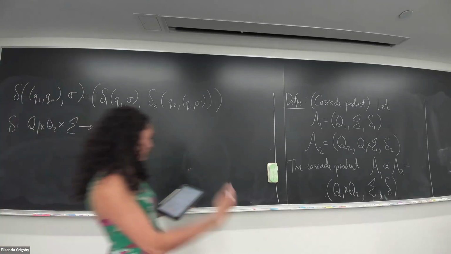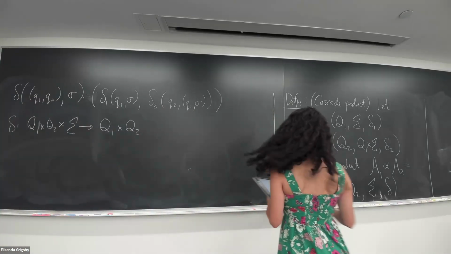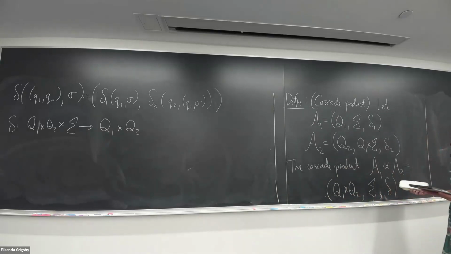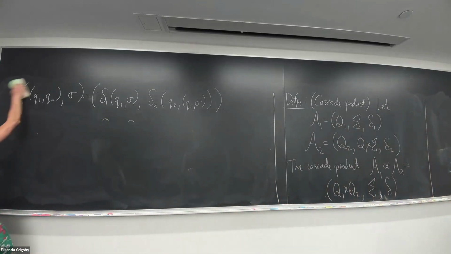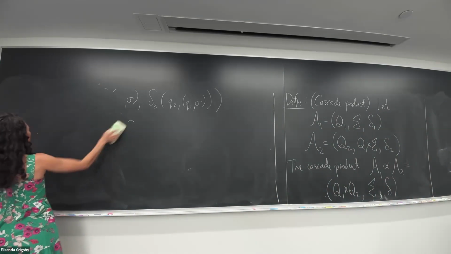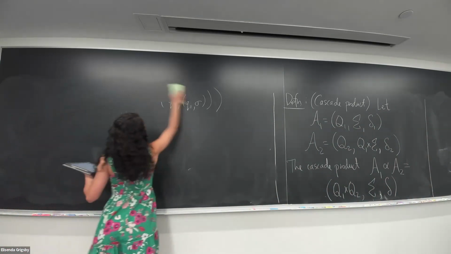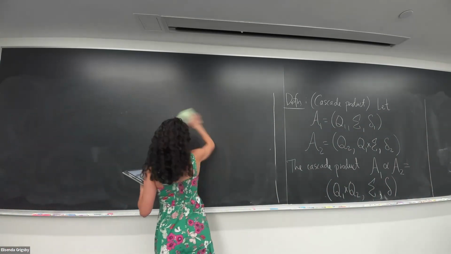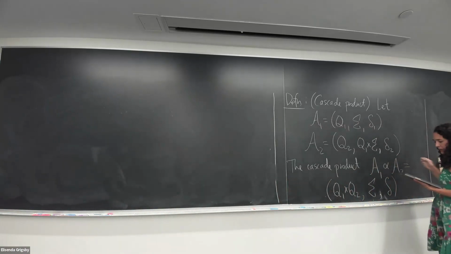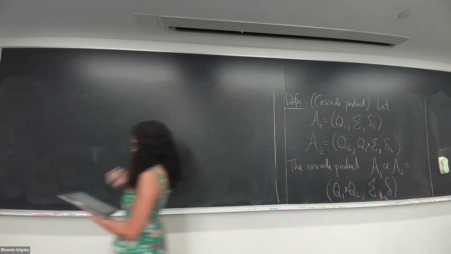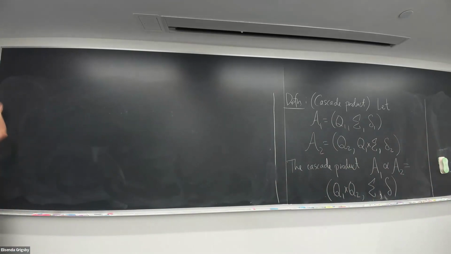Anyway, so now you can iterate this. You can iterate this construction. Let me keep this up so we can refer to it. And here's the definition of a cascade product semi-automaton, iterated.